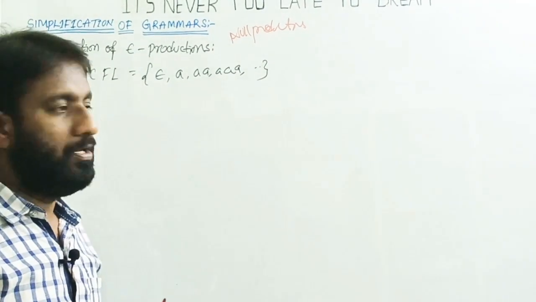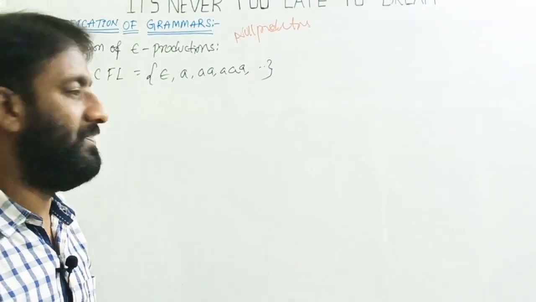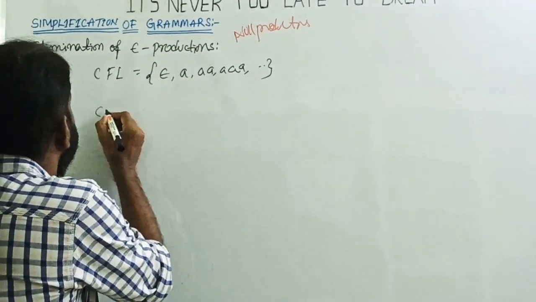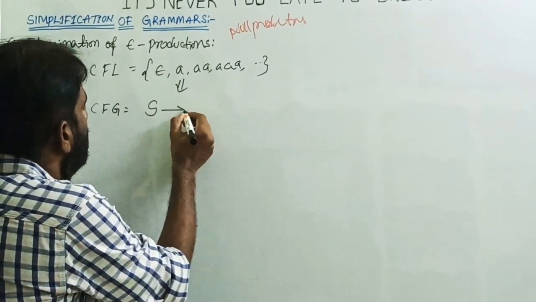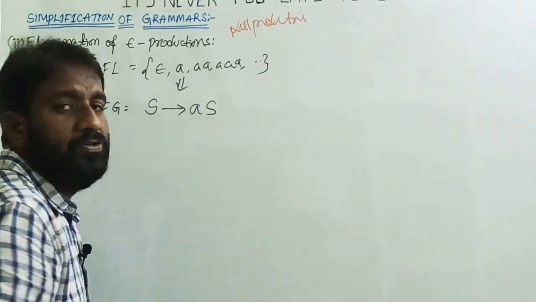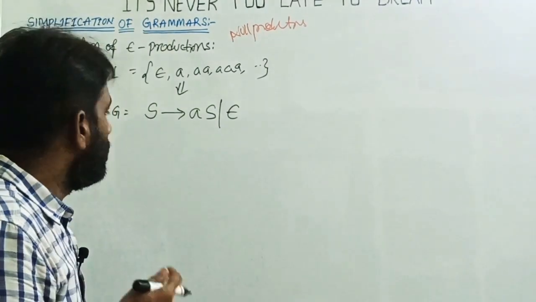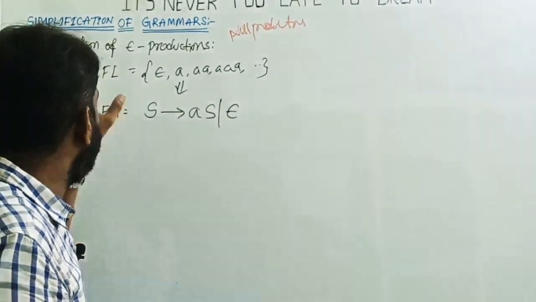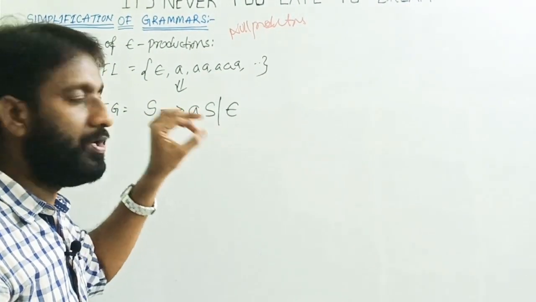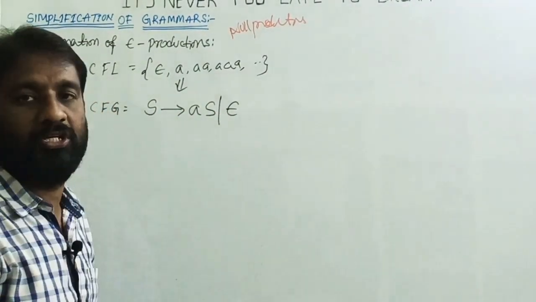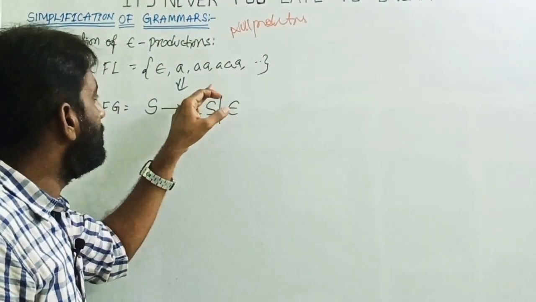Let's assume I ask you to write a grammar which generates this language. The CFG is S tends to aS or epsilon. My important point is, if a context free language contains epsilon, then there is a necessity to include epsilon as one of the productions in the grammar. Without using epsilon it is not possible to write the grammar.